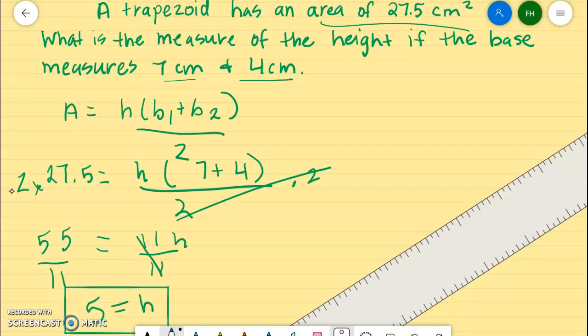Anytime you want to get rid of a denominator, whatever's on the bottom, multiply both sides by it, because if you have 1 over 2 times 2 over 1, well, that's just 1. So that basically cancels out, because anything times 1 is going to be itself.